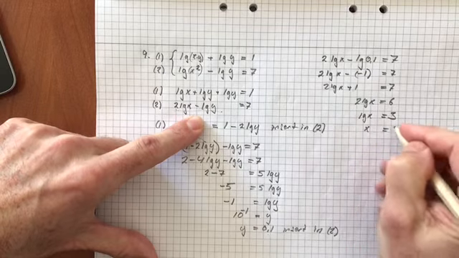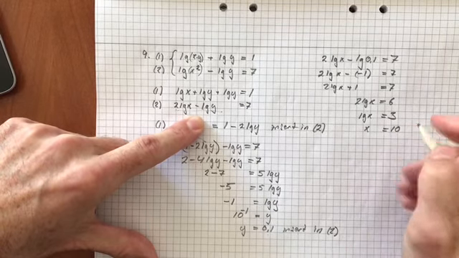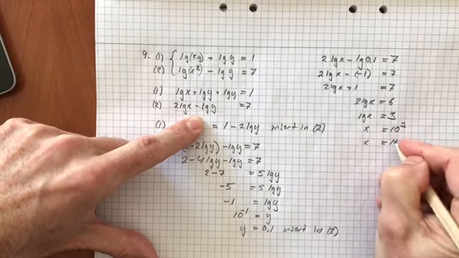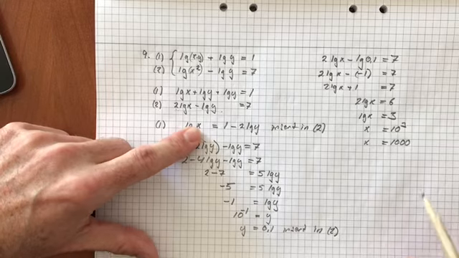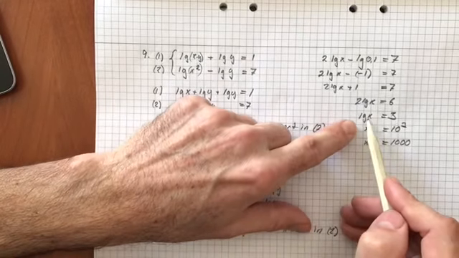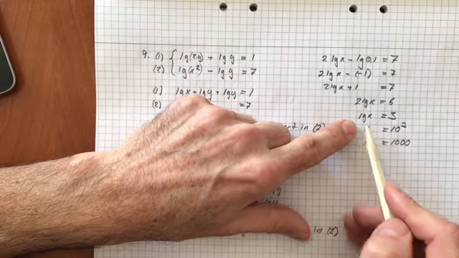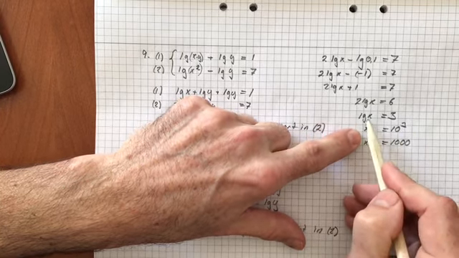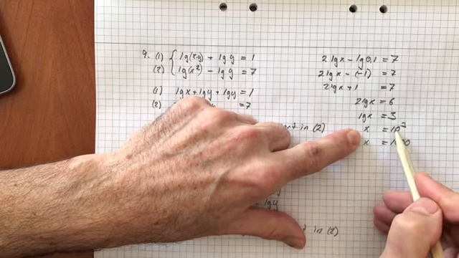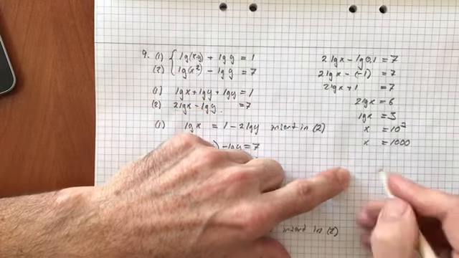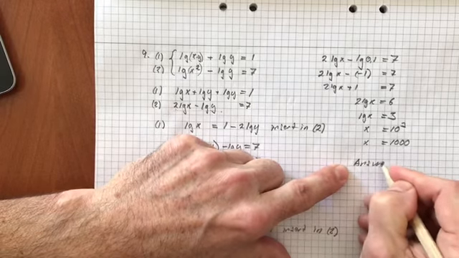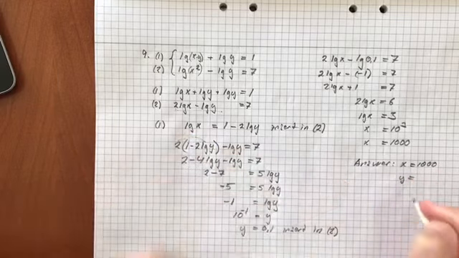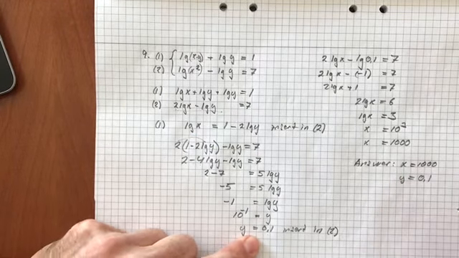So x is equal to 10 to the power of 3. Therefore, x is equal to 1000. This is the number that you take 10 to the power of, and then it becomes x. Now, this number is equal to 3, so 10 to the power of 3. x is equal to 1000. So, answer, x is equal to 1000 and y is equal to 0.1.